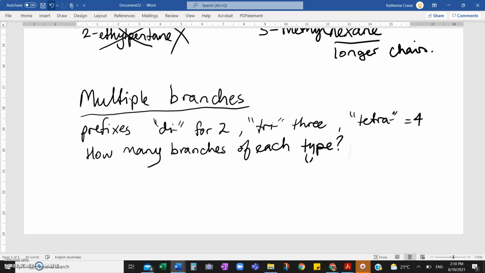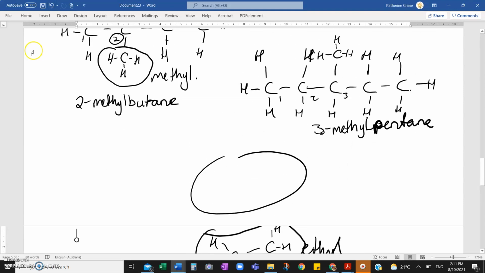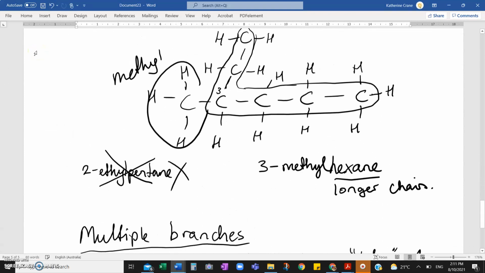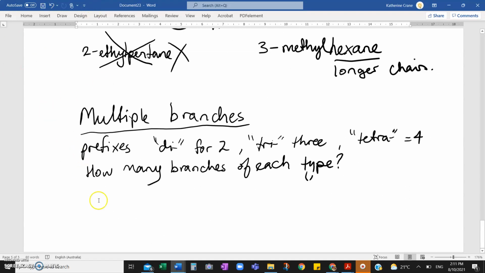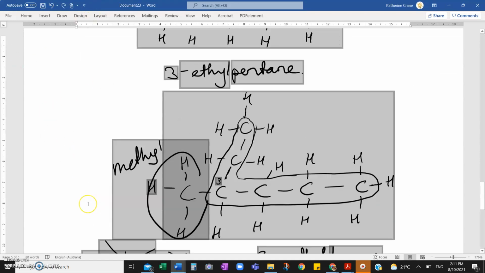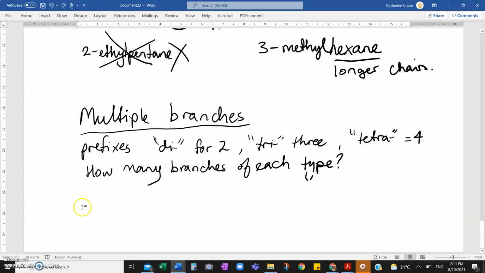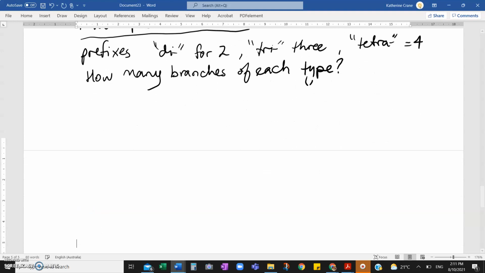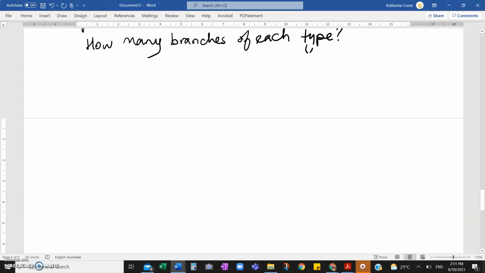So let's get one down the bottom here. So we first think, and then we number the carbon they are on.